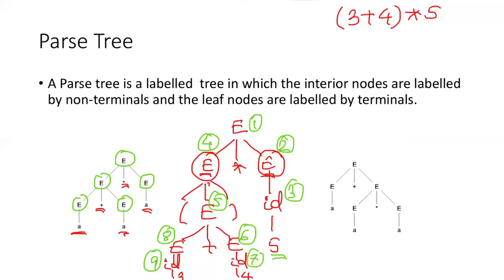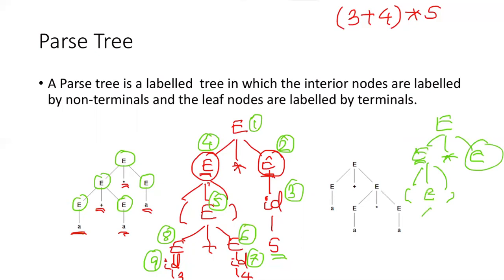So again I can have E starting with E into E. So now instead of expanding this, I will expand the other one. So this I will have E parenthesis.